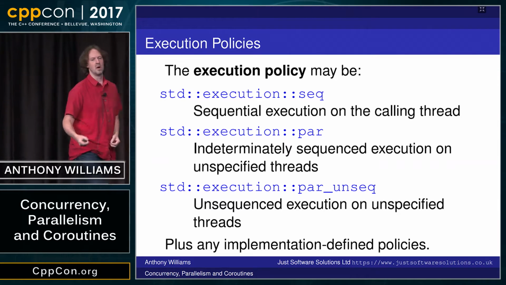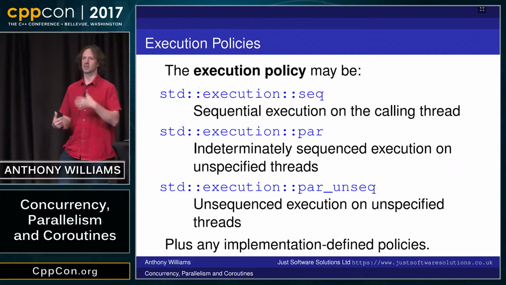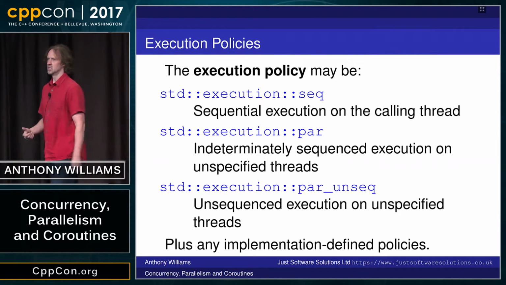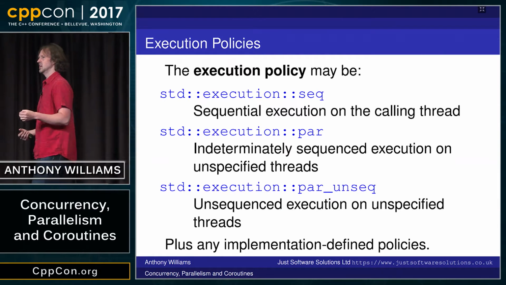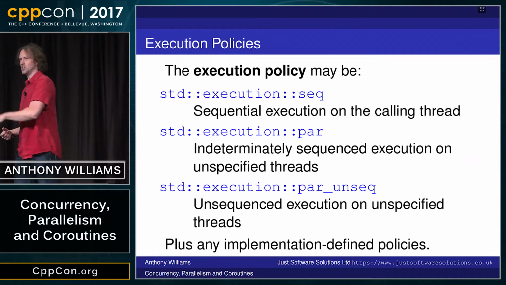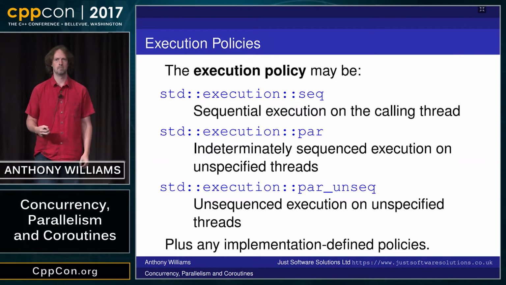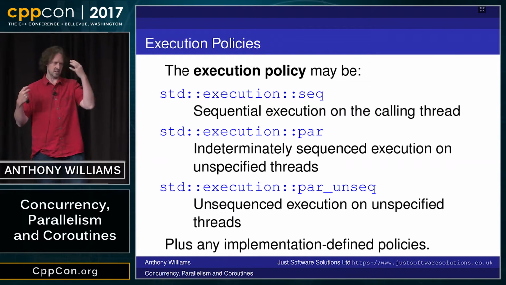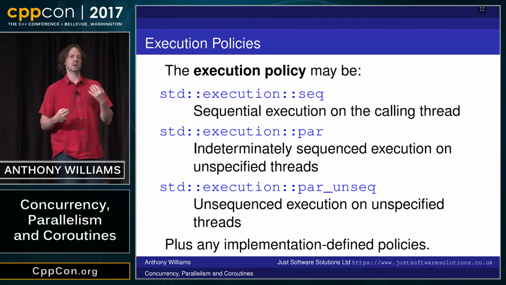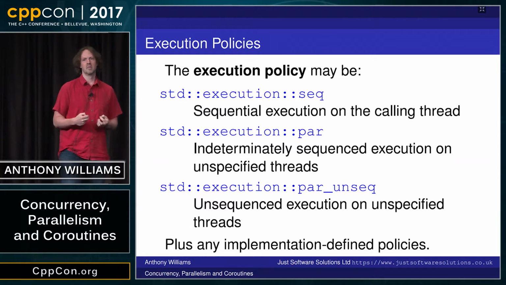This is different from parallel unsequenced, the final standard supplied execution policy, because that one allows your functions to overlap. Now this is sometimes hard to get your head round, but think of it like vectorization.